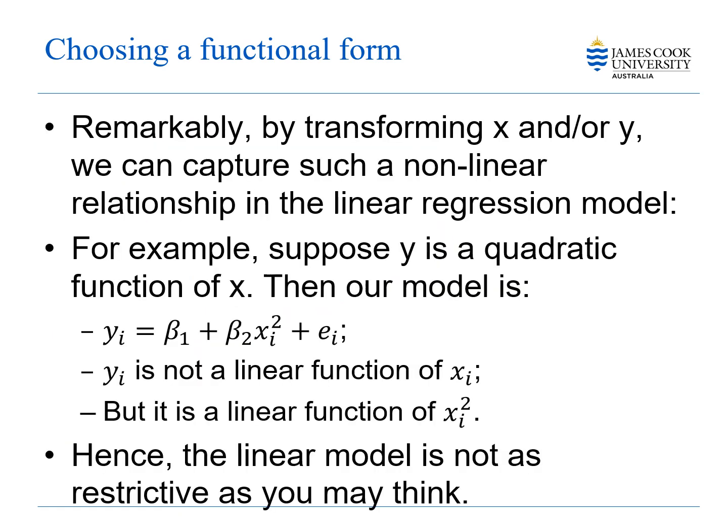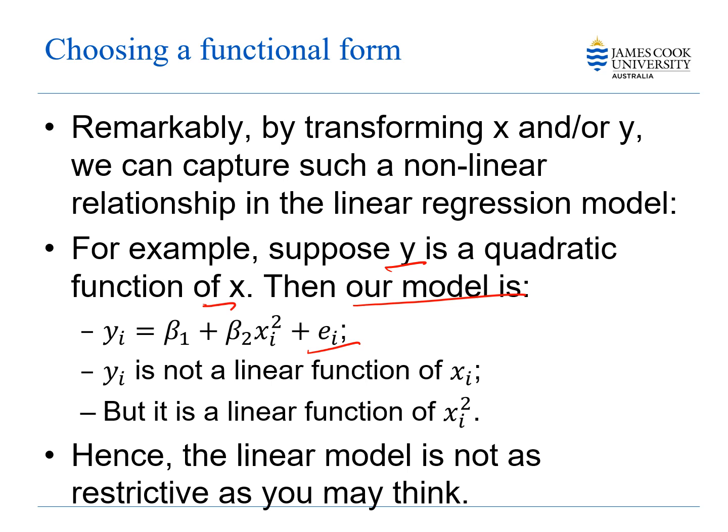Remarkably, we can transform x or y or both so that we can actually capture such a nonlinear relationship in our linear regression framework. For example, suppose that we know that y is a quadratic function of x. Then our model will be yi is equal to beta 1 plus beta 2 times xi squared, plus the error term ei.